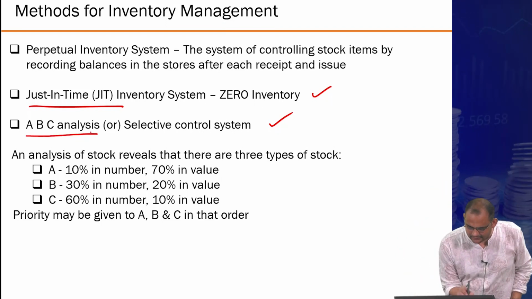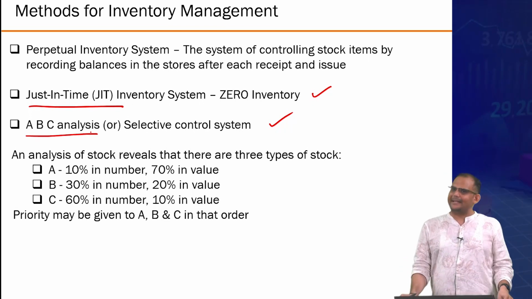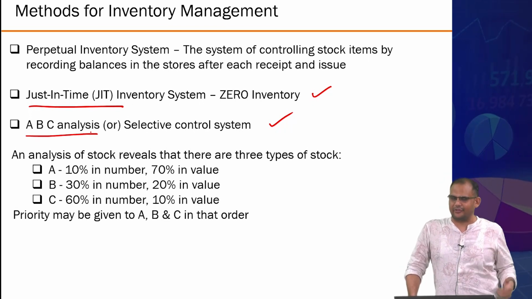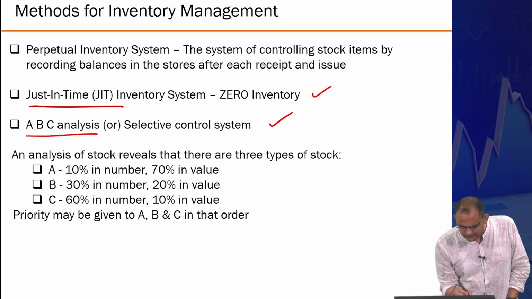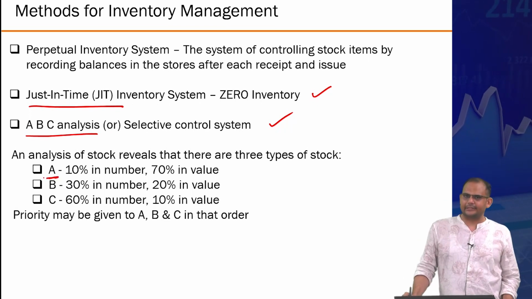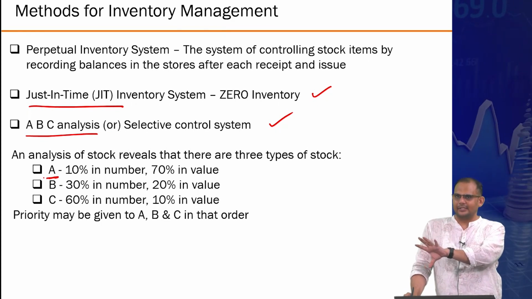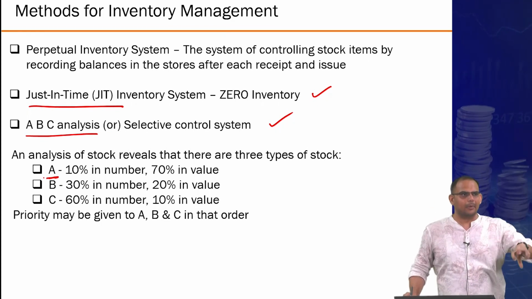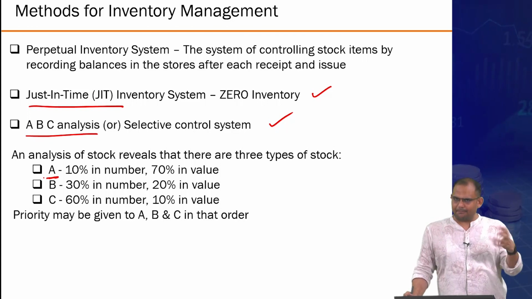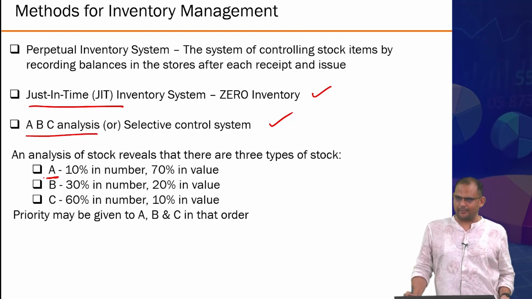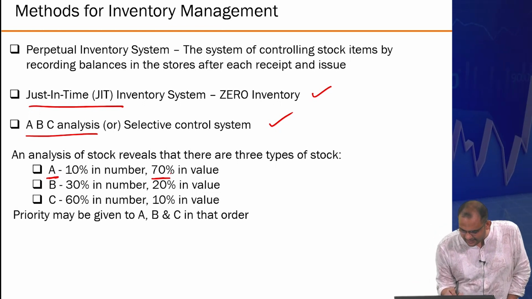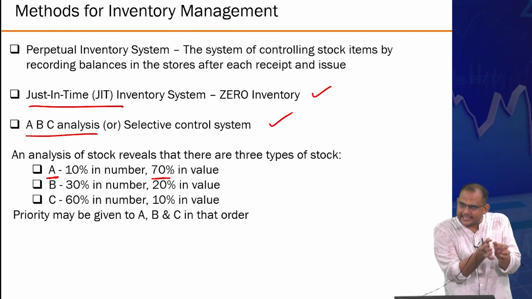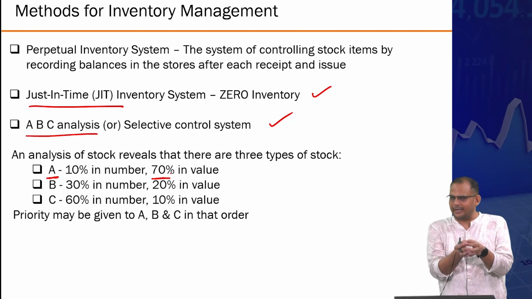There's also a rule of thumb called ABC analysis. Again, this is just a rule of thumb. This is not a scientific theory, but the idea is that typically the high value items are very few in number, right? That's quite commonly observable. The percentage may change, but what it says is that 70% value items are just 10% in number, right?